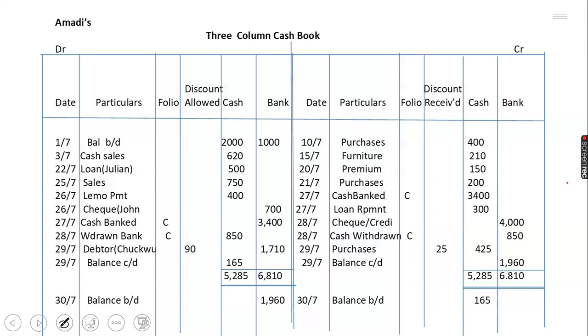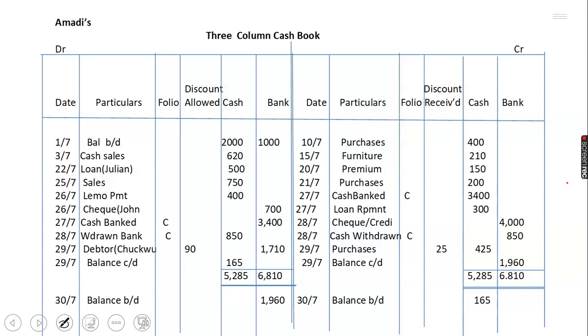Then cash withdrawn from bank again, 850 naira. So that one also is going to be credited to the bank here and then debited to the cash column here. Then Shuku paid us and he was a debtor, so 1,710 naira.